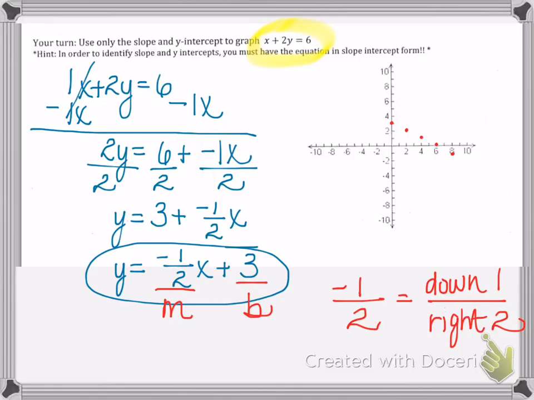I'm not going to because I don't have enough paper. But when you connect those points, they form a line. And my line is a little too thick. When you connect those points, they form a line of all the different solutions of that graph.